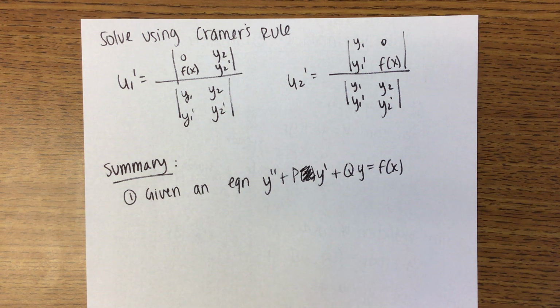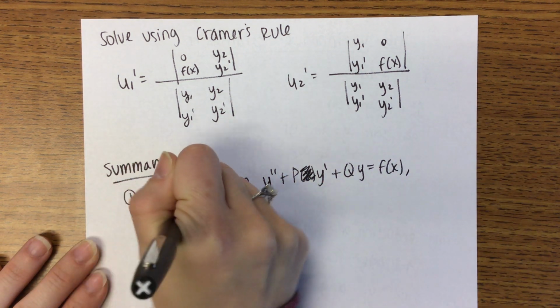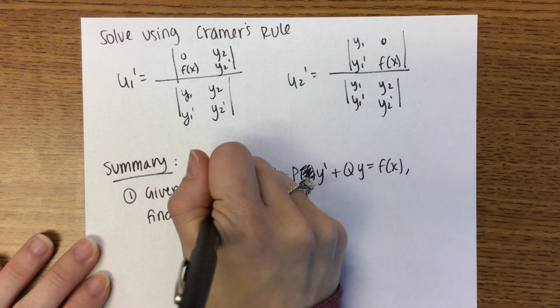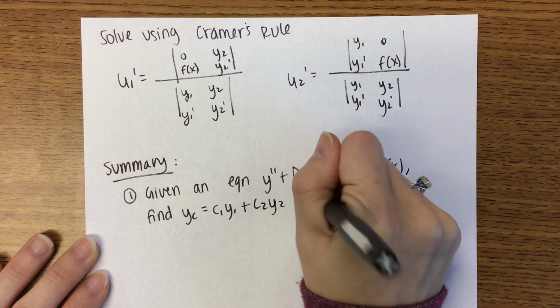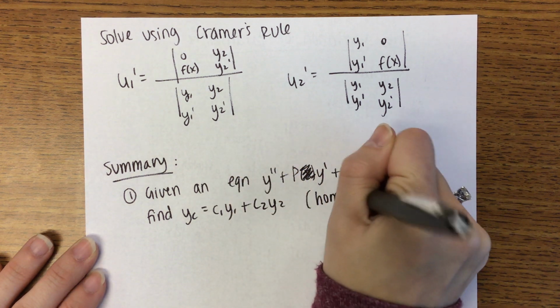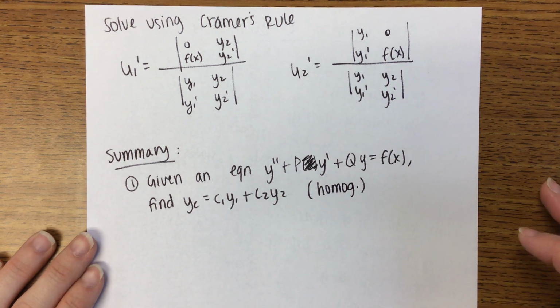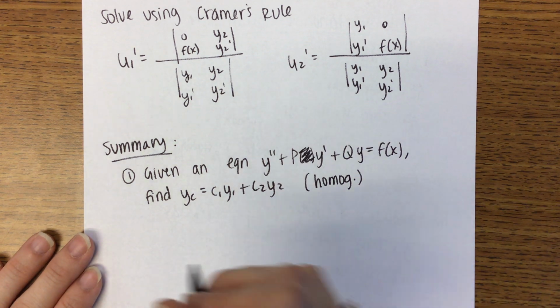It's just going to be a constant. So you are then going to find, first, your complementary solution. That happens when you make the differential equation homogeneous. So you'll set it equal to 0 and then factor, or use the quadratic formula, to find your complementary solution.